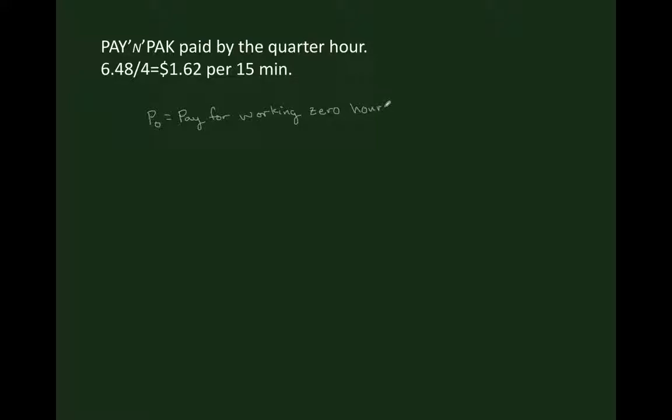Now at Pay and Pack that would be 0, but it doesn't have to be that. I can imagine a situation where we get paid for showing up, say, a certain amount. It's possible. So P for the first quarter hour would equal P naught, or P sub 0, plus $1.62.